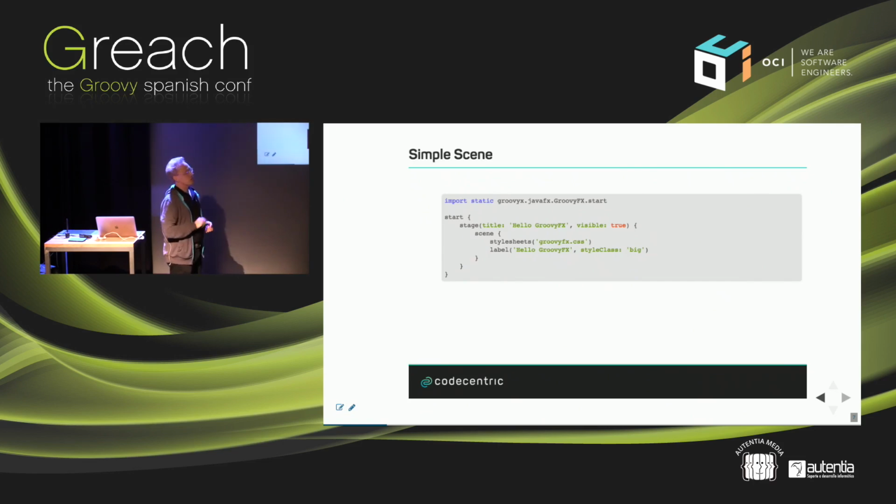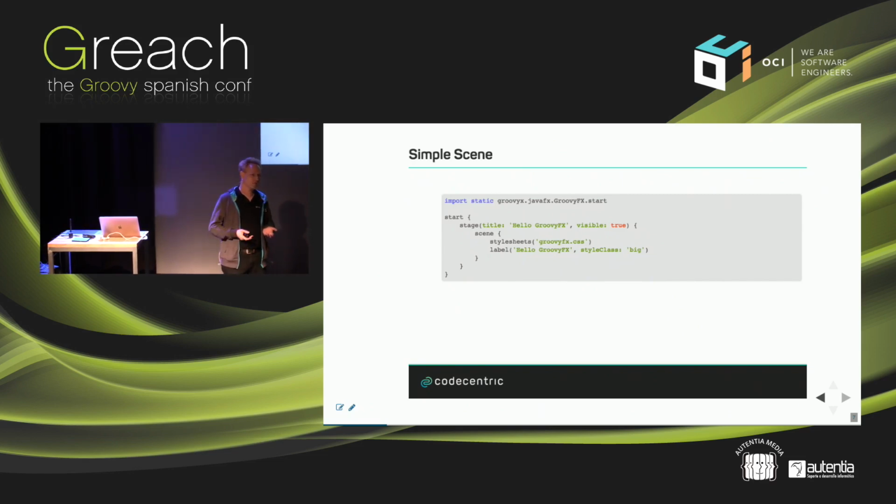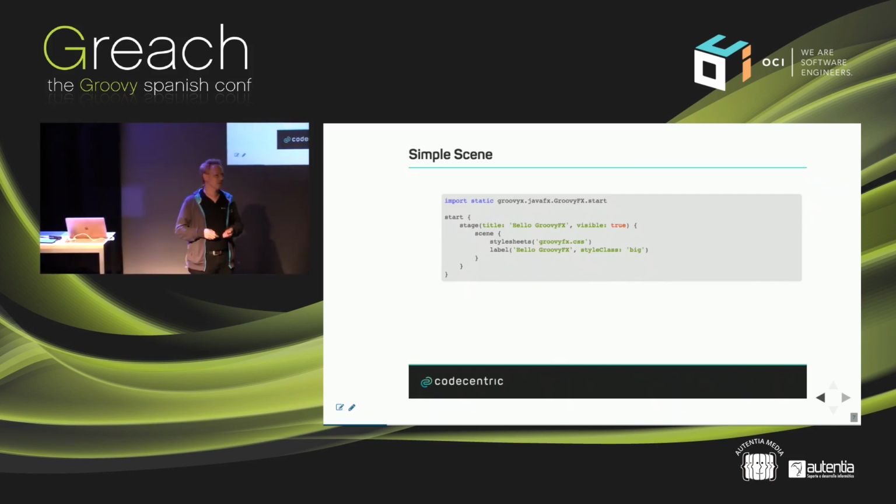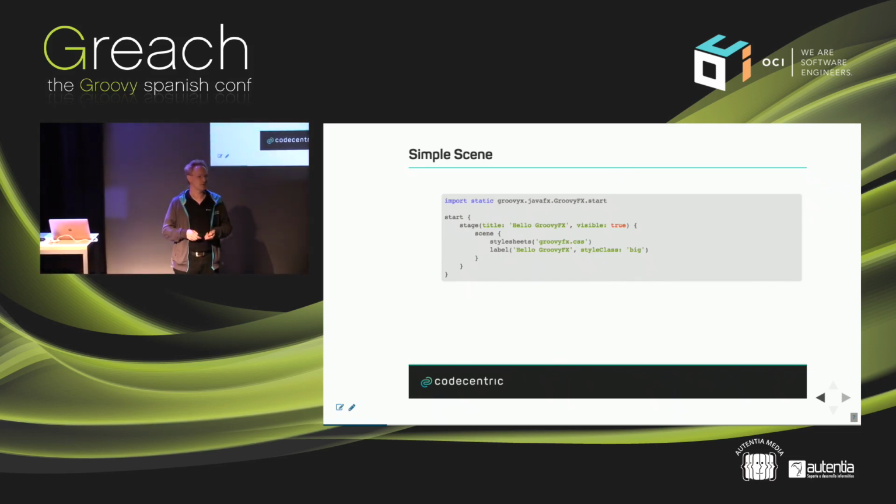And one scene in there, where I just defined that I want to use some style sheets. JavaFX has the possibility that you style your desktop application code or views like web pages using CSS. It is not always the same semantics for the CSS names.